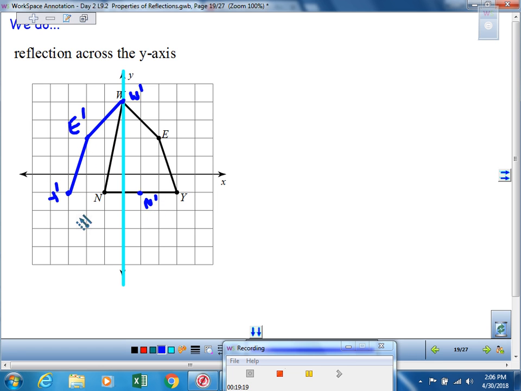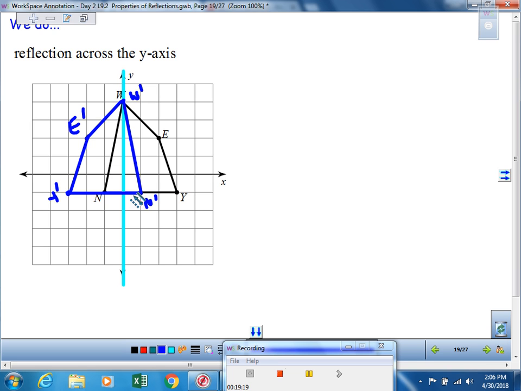Y to N, so Y prime to N prime, and then N to W, so N prime to W prime. Again, on the overlapping, sometimes it gets confusing, but if you're ever concerned, just go back to your original pre-image and say, okay, from WE, and then you connect those points.